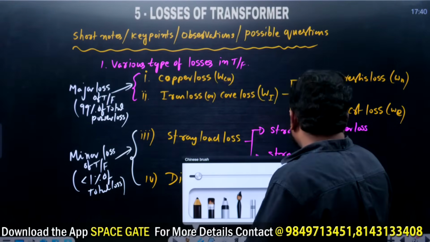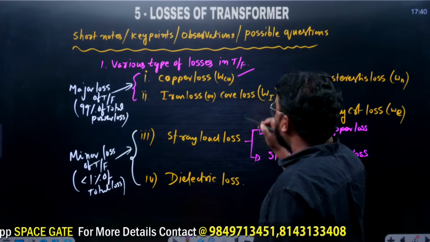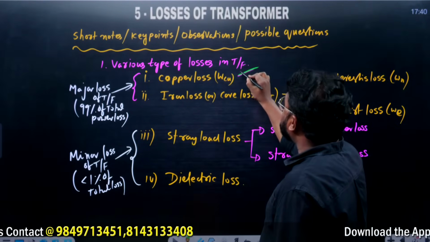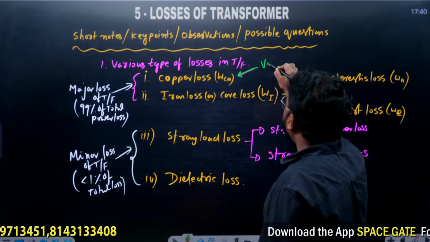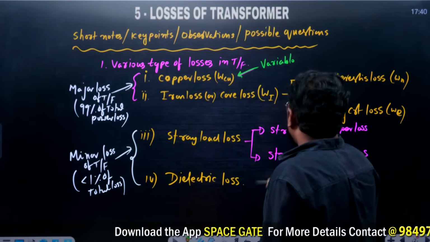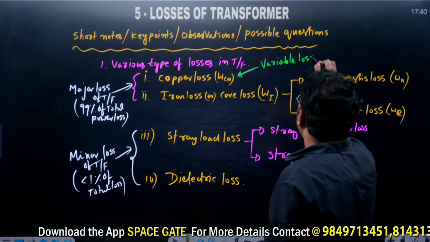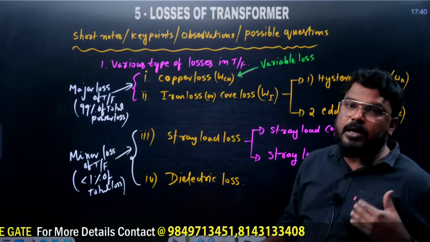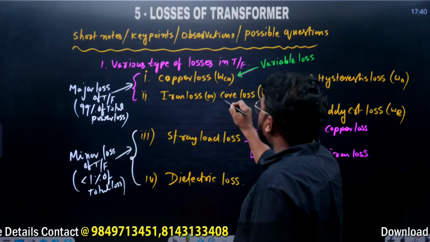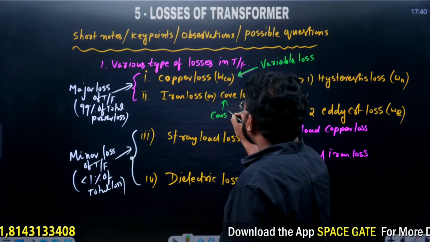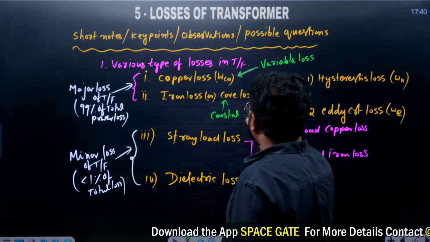And copper losses depend on the load current or load variation, and that's why copper losses are treated as variable losses of the transformer. And iron losses are independent of the load current and load variation, so these losses are treated as constant losses of the transformer.